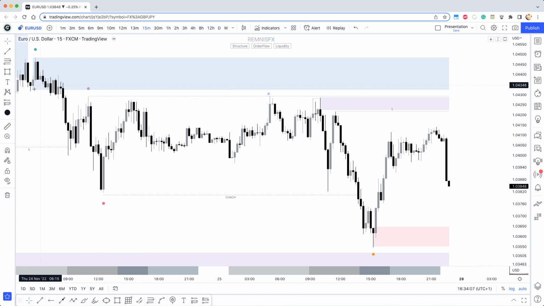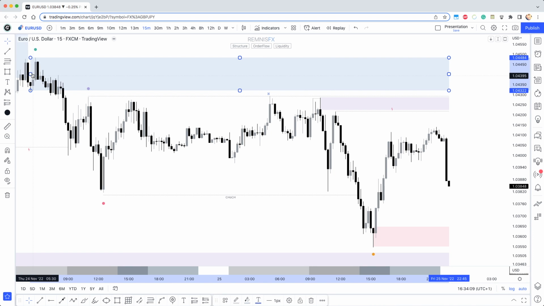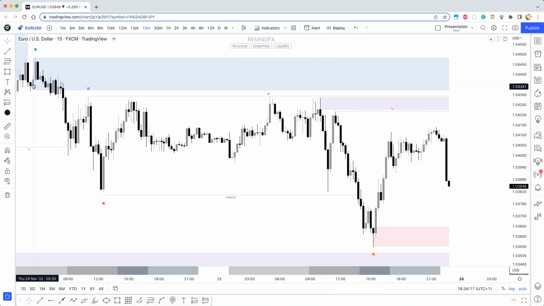Only now you focus on your order flow instead of your wick or candle, because this was your last bullish move before the price changed its character.